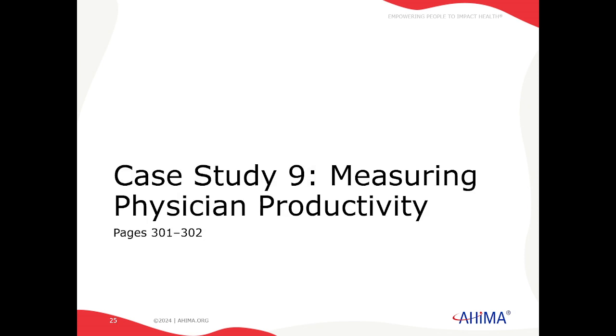So in this case, we're going to measure physicians' productivity. We're going to look at how those work elements are used to determine it. So it starts on the bottom of 301. Healthy Physician Clinic is a practice that has 4 doctors. Dr. Anderson works full-time.